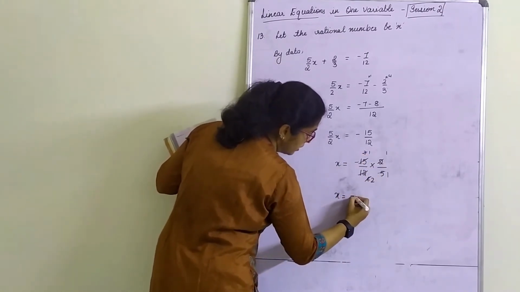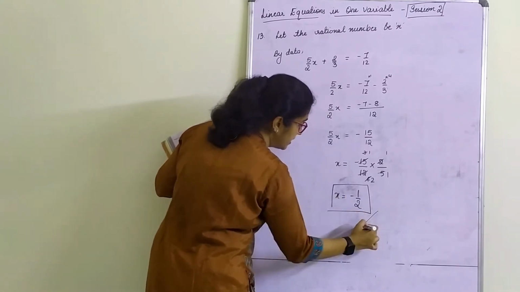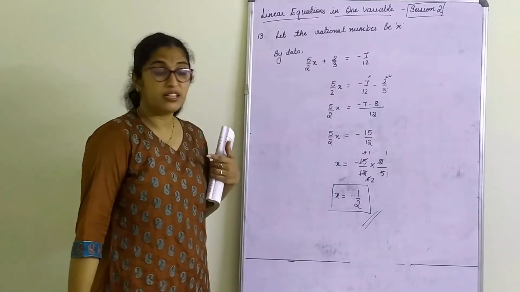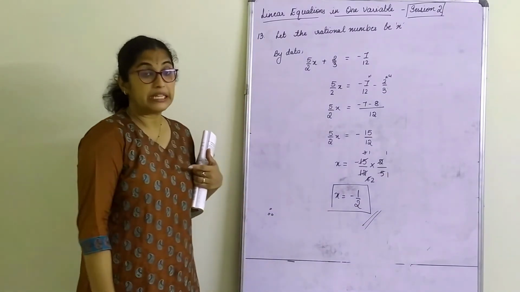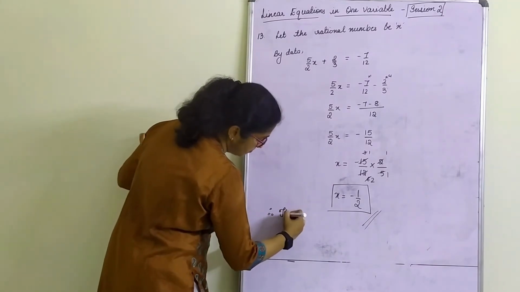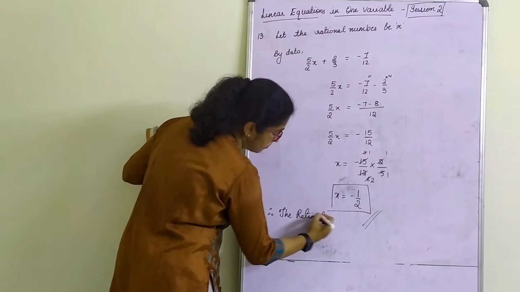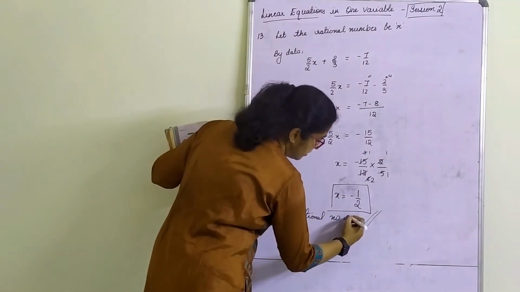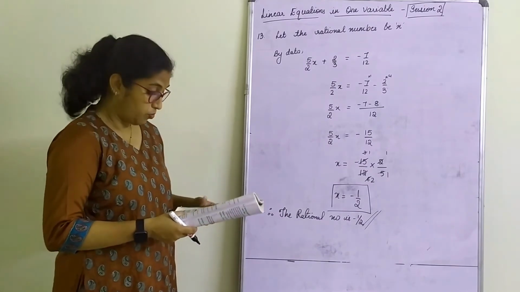X is equal to minus 1 by 2. Cancellation in pencil only. So the rational number is, please give the conclusion. The rational number is minus 1 by 2.